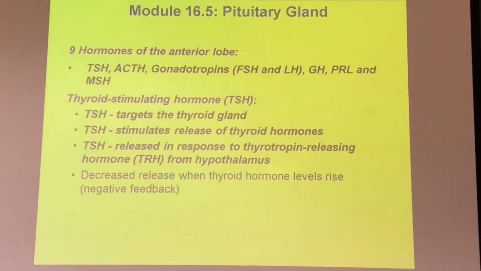So now we'll talk about the 9 hormones of the pituitary gland. Out of those 9, 7 of them are from the anterior lobe, and I have given the full names in later slides. These are TSH, ACTH, two gonadotropins, follicle stimulating hormone and luteinizing hormone, growth hormone, PRL, and MSH.